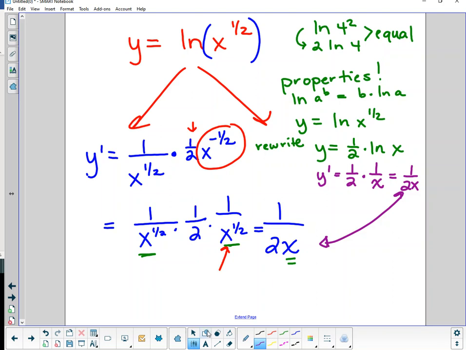Is one better than the other? Better is relative. It's what you understand. So if you're fairly comfortable rewriting log expressions using properties, sometimes that will make a simpler expression to take the derivative of, and you'll get to a simplified answer a little more quickly.